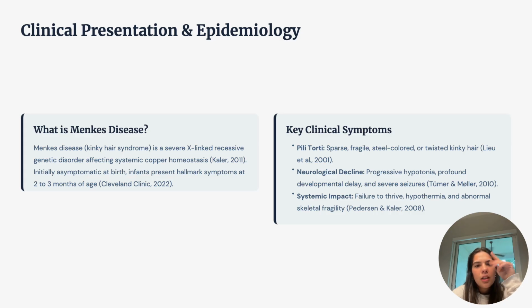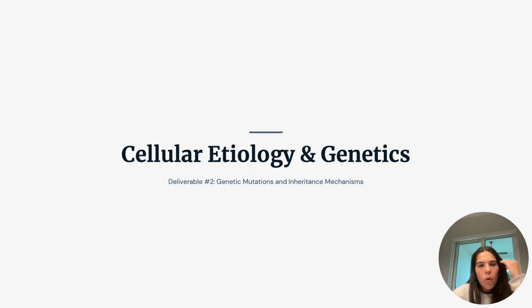While infants are entirely asymptomatic at birth, they typically present hallmark symptoms at 2 or 3 months of age. And here in slide number 4, we can see the cellular etiology and genetics.